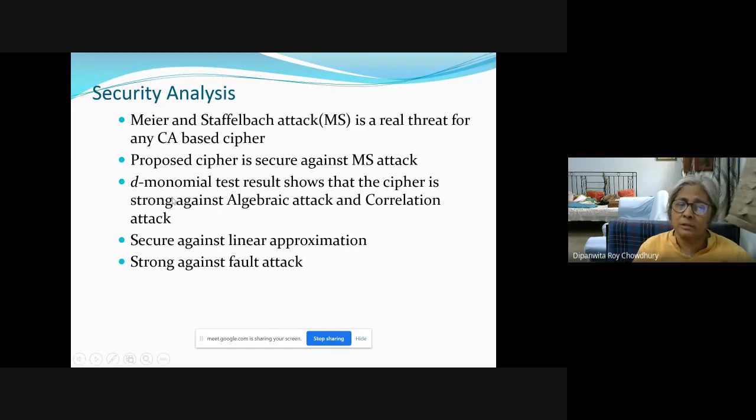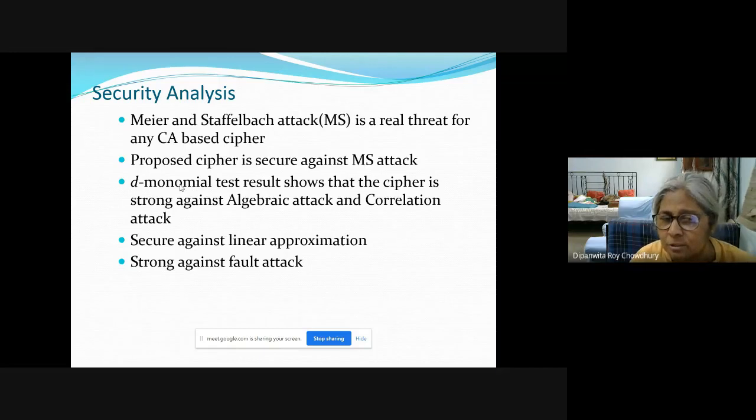We do the monomial test because CA has some inherent polynomials, and with the cycles this polynomial changes in a complex way, and how many monomials we get is a very good measure. Again, for cellular automata, this type of measure is very, very important.